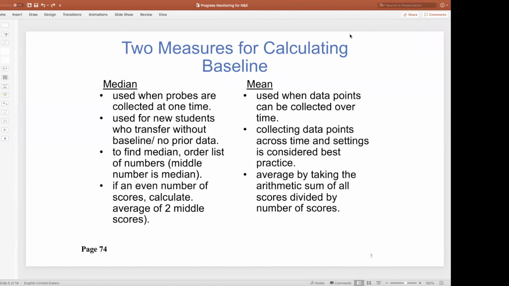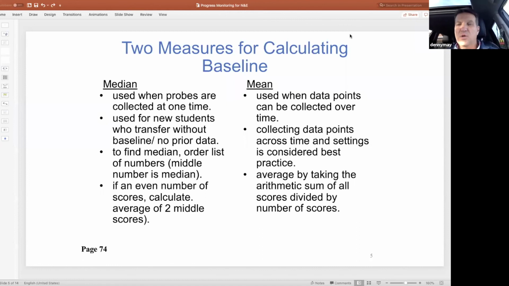But that's the main difference: if you have a transfer student or a student that you have to hurry up and get some baseline data for, these are the two measures that we use. But the median is the most preferred, and the mean is if we just have to have the data quickly.